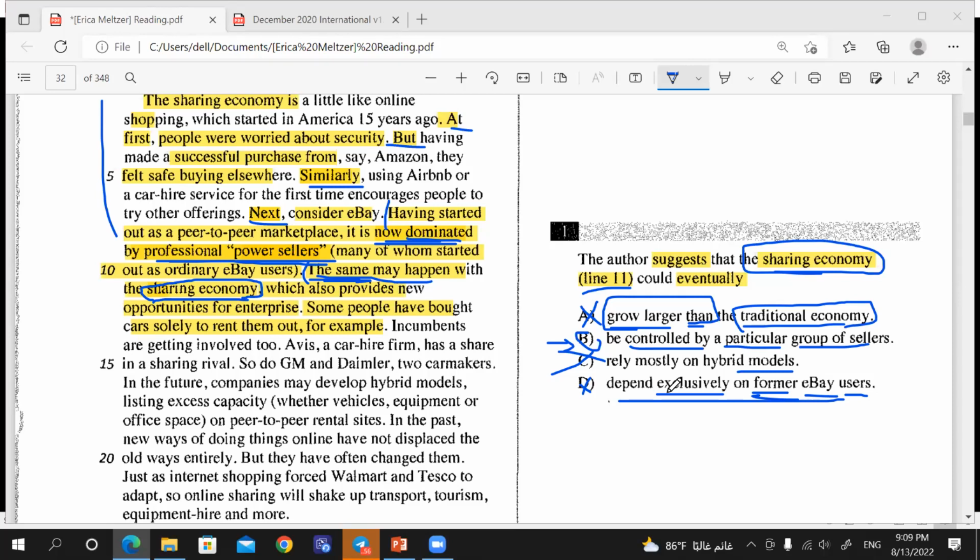So only dependent on former eBay users is a wrong statement. I didn't say that when I referred to eBay users. Okay, hopefully you understood. Okay, Mariam, is it clear now? Yes, miss. Thanks. Most welcome.